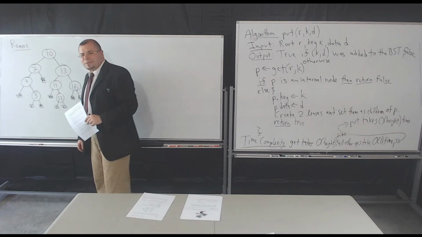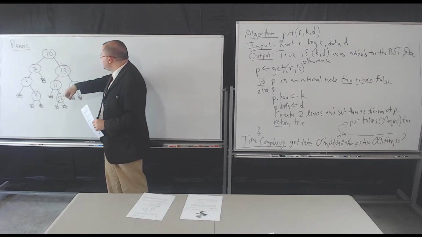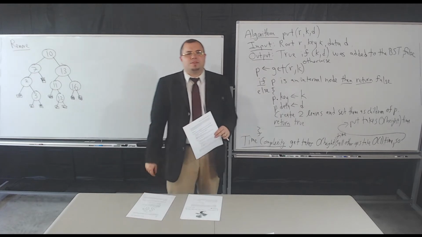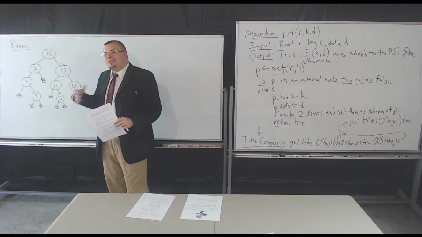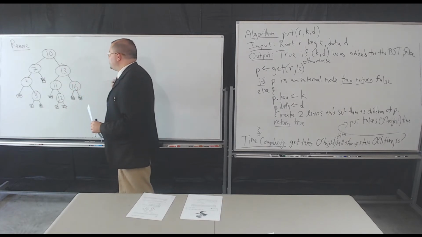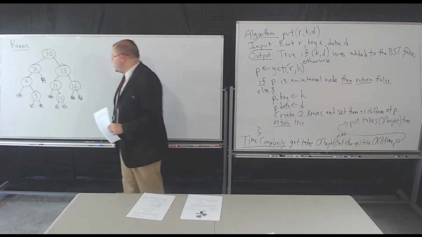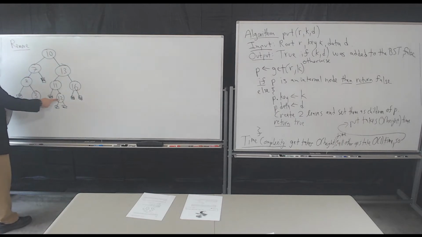Does anybody see what we might need to do here? Well, if I try to remove 10, we're going to use an idea that we used before when we were talking about heaps. What did I do there? Well, remember there I was trying to find, I want to have it where I replaced it such that I don't destroy the structure of the tree, right? I'm going to do the same trick here. What would I want to naturally do?